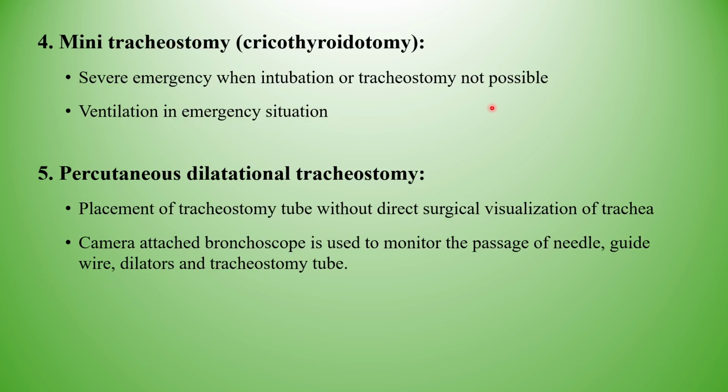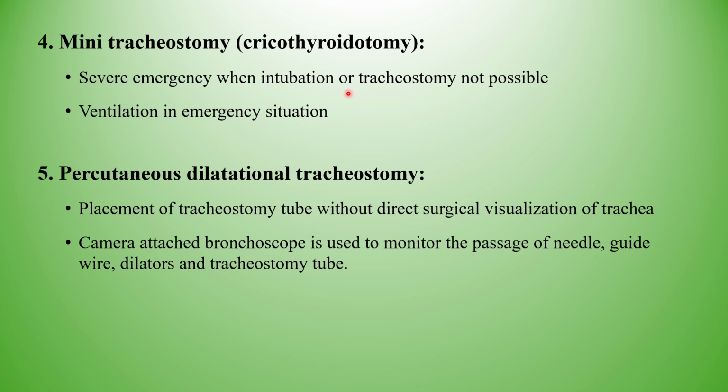Mini tracheostomy, mostly known as cricothyroidotomy, is carried out in severe emergency when intubation or tracheostomy is not possible, like any patient where the facility for both procedures is not there, or to take them to that site requires a little more time.